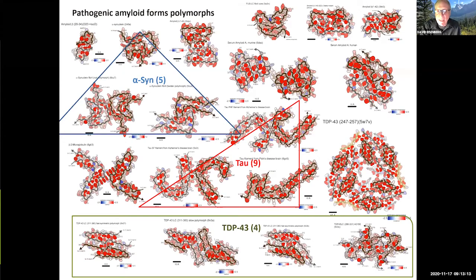Here, 3 of them, and then the layers in all of them are stacked up, as I showed you before. Some of these are from our lab, some from other labs. The Goddard lab in Cambridge, Shears and Goddard, have determined 9 structures for tau, different polymorphs. I'm going to show you those in more detail in a minute. From our lab, we've seen 4 different polymorphs of TDP-43.